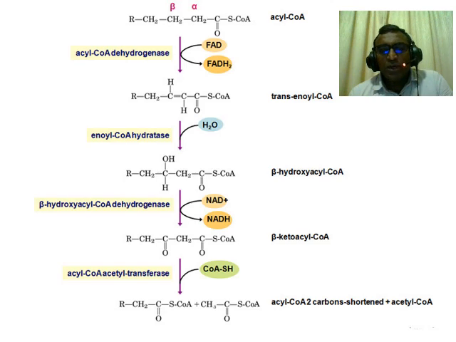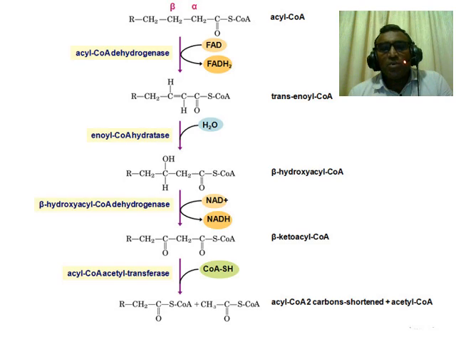Therefore, the name beta oxidation comes about. It starts off with oxidation of this acyl-CoA, and since it involves a dehydrogenase, it's a redox reaction where oxidation is also accompanied with reduction. In the reduction, you will have FAD becoming FADH2.